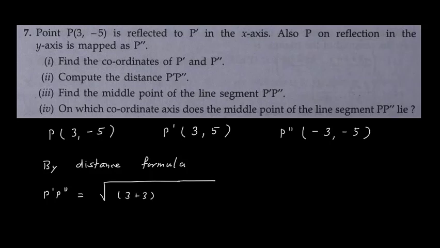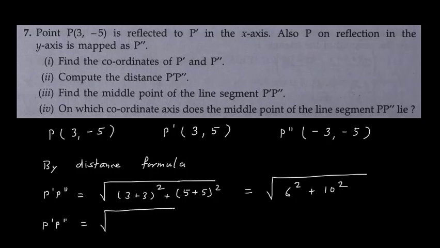This is 3 plus 3 is 6, 6 square, plus 5 plus 5 is 10, 10 square. So 6 sixes are 36 plus 10 into 10 is 100. So this is the root of 136. We have computed the distance P dash P double dash.